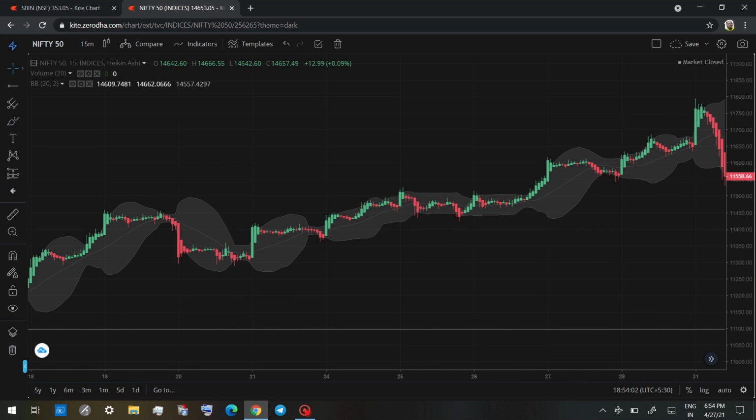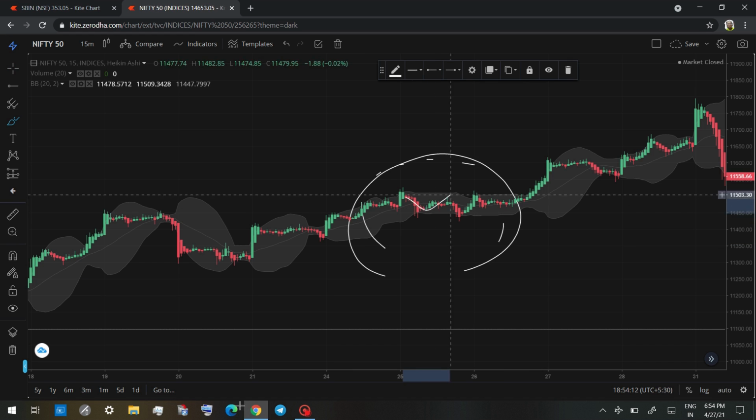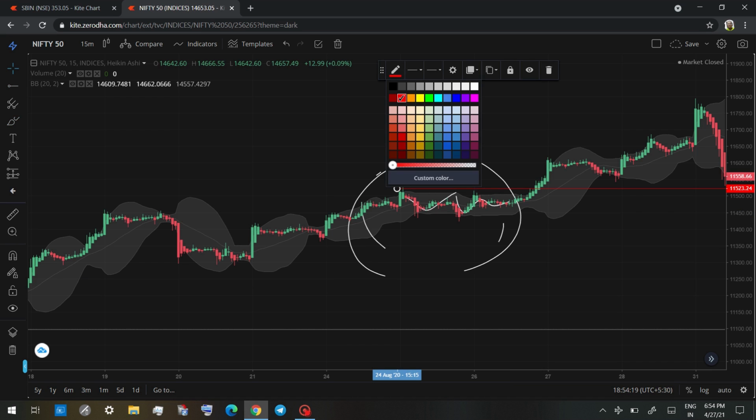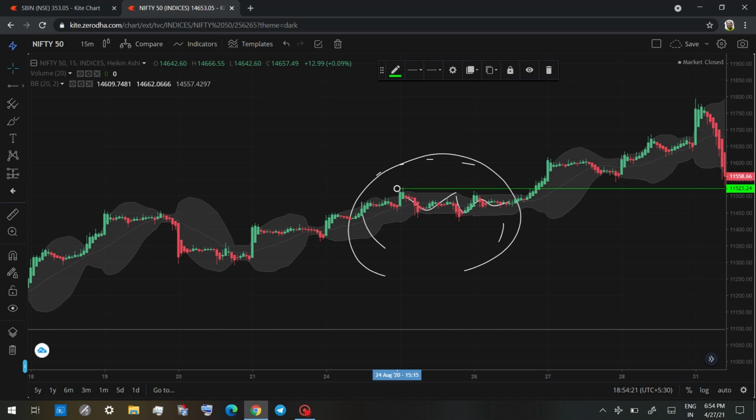Check here. In this condition, check here what happened. Don't try to trade. Just wait. Just draw a previous day high line and just draw the previous low. This is the previous low, high and low.